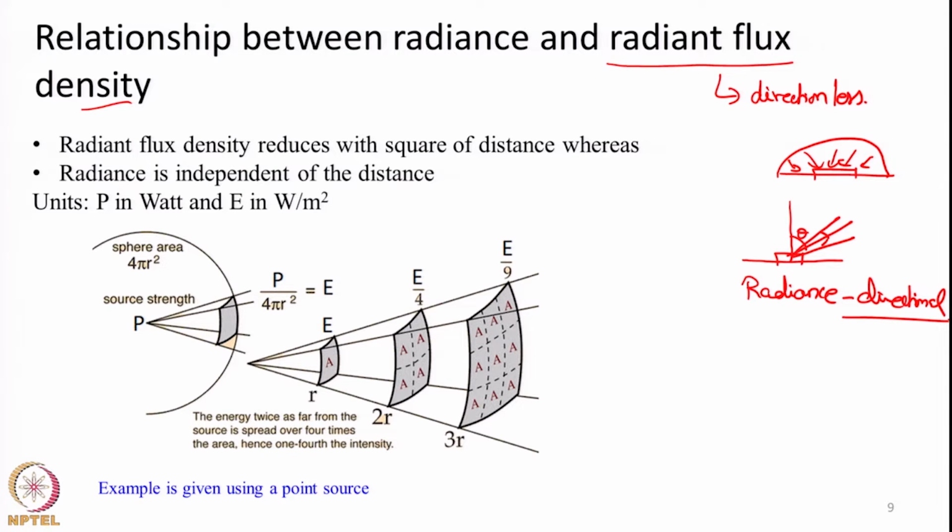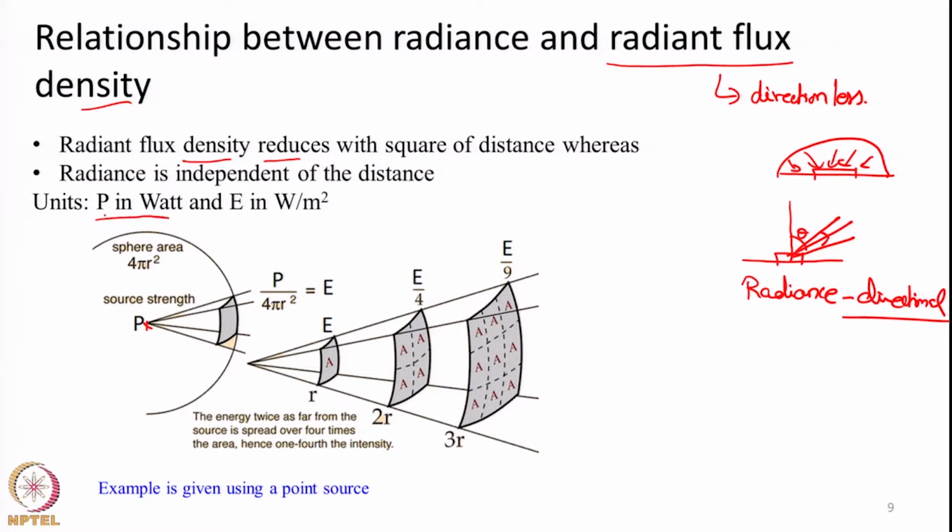One more important property is that radiant flux density reduces with the square of distance. Let us assume there is a small source of energy here, say point P, emitting P watts of power, that is some energy in unit time.